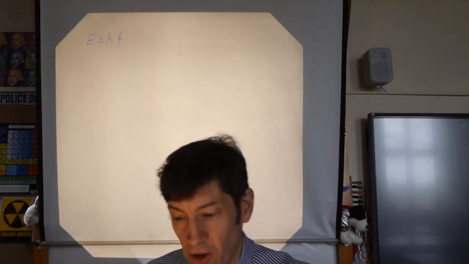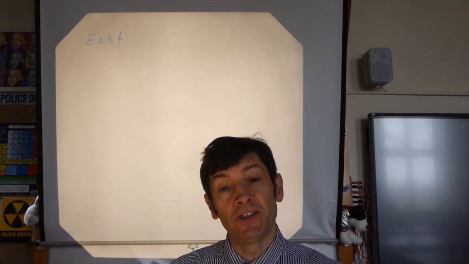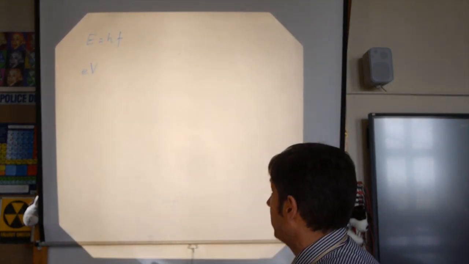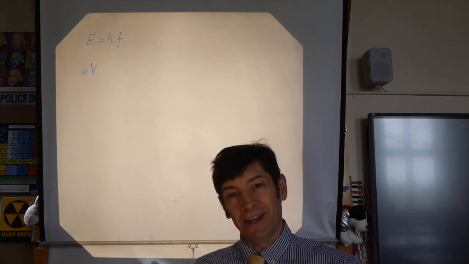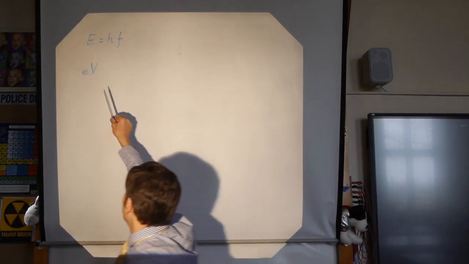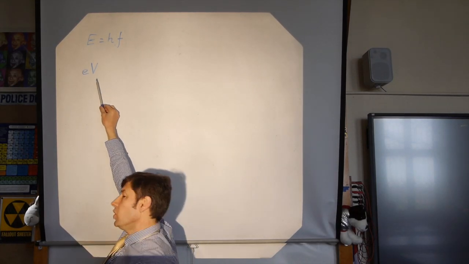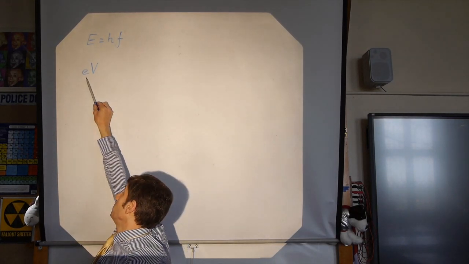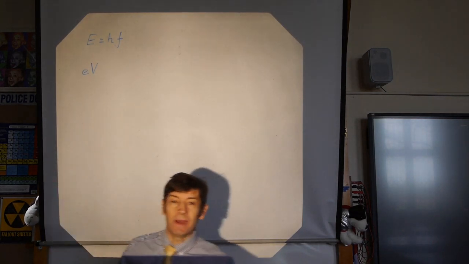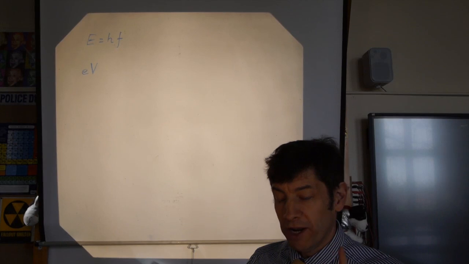But we also know that the energy given to that electron when it just lights at the threshold voltage will be equal to eV. Now think carefully about what that means. I'm not saying it's a number in electron volts, I'm saying it's a number in joules, but this is the number of joules per coulomb of charge, and if we multiply by the actual charge that was moving, the electron, we'll get the amount of energy on that one electron.